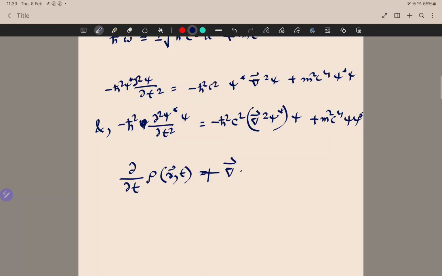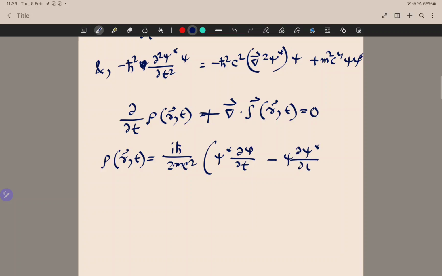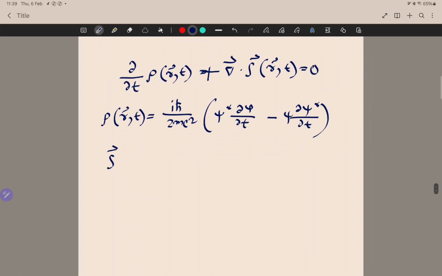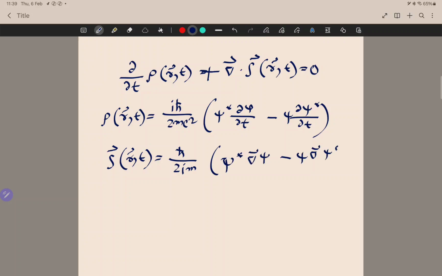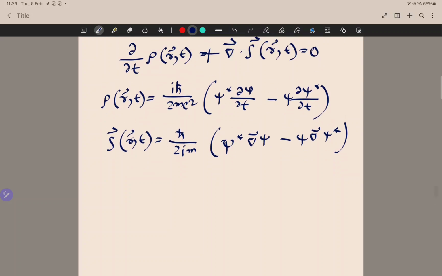∂/∂t ρ of r vector t plus divergence of S r vector t equal to 0, where ρ of r t equal to iħ divided by 2mc square times ψ star ∂ψ/∂t minus ψ ∂ψ star/∂t, and S of r vector t equal to ħ divided by 2im times ψ star gradient of ψ minus ψ gradient of ψ star.